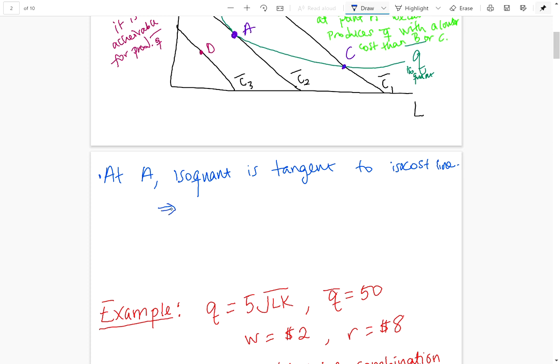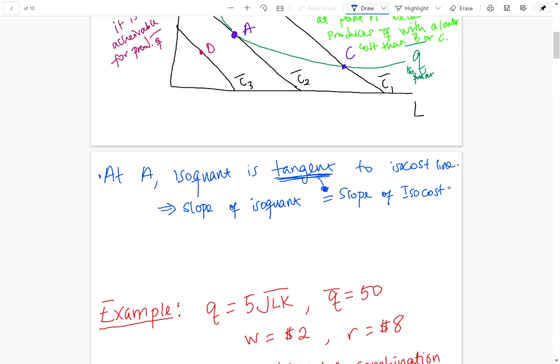That is, when we have tangency here, we're saying that the slope of the isoquant is equal to the slope of the isocost. This is what tangency means.